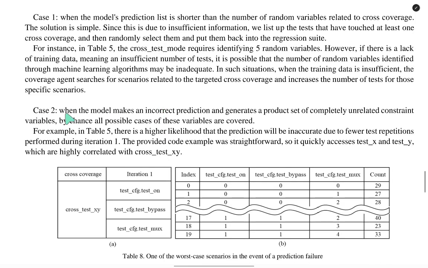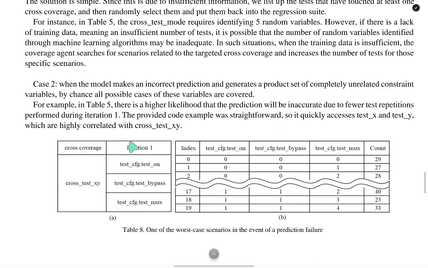Case 2. The model makes an incorrect prediction and generates a product set of completely unrelated constraint variables, and by chance all possible cases of these variables are covered. For example, in table 5, there is a higher likelihood that the prediction will be inaccurate due to the fewer test repetitions performed during iteration 1.